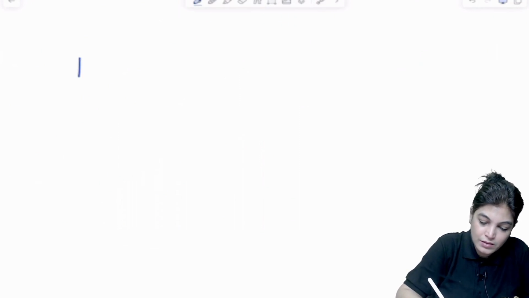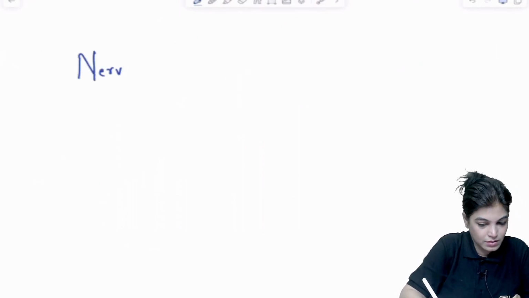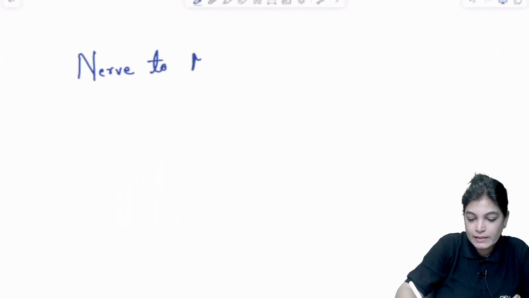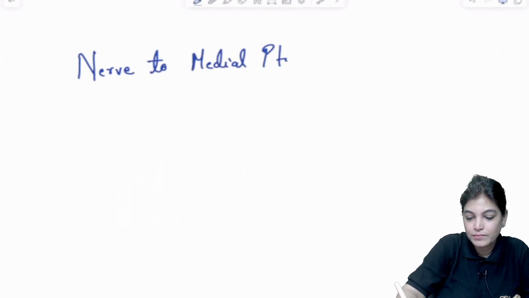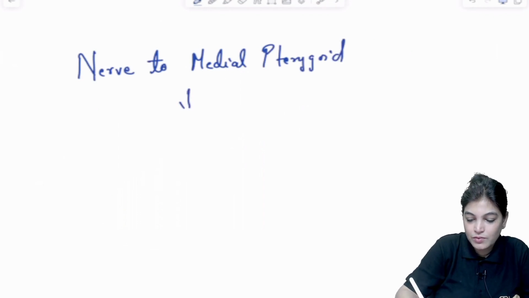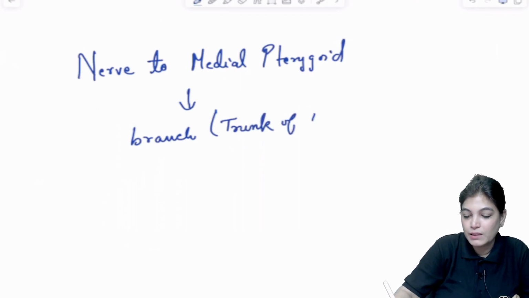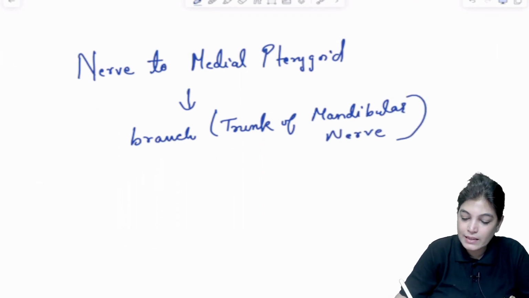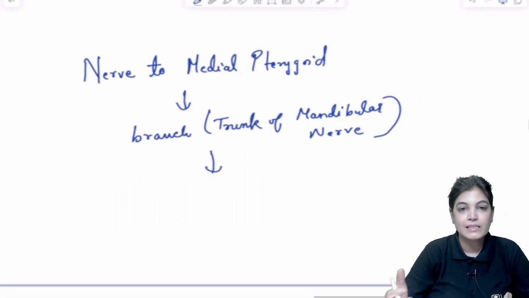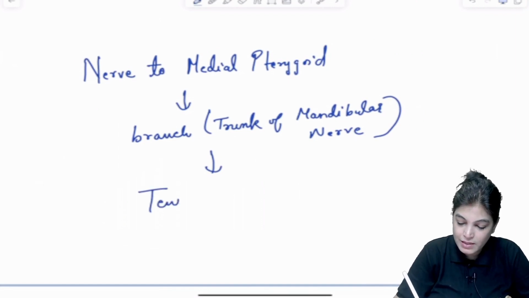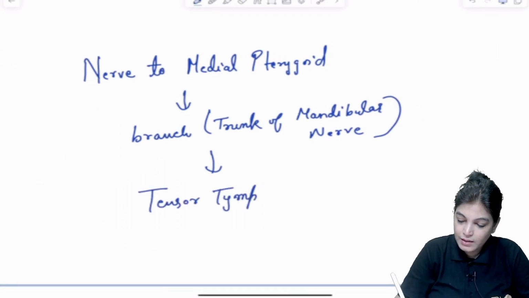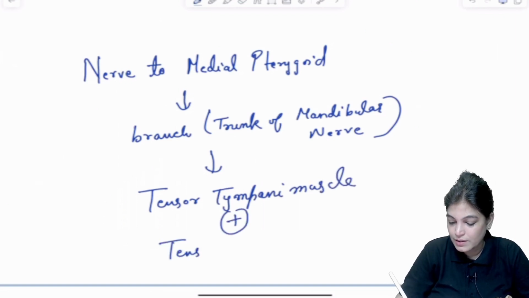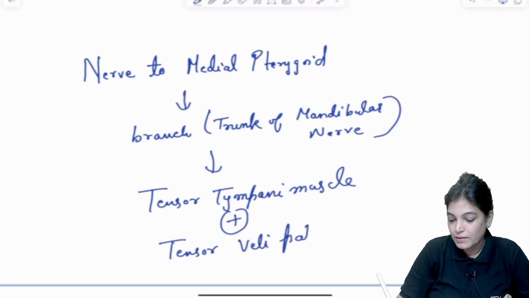So, nerve to medial pterygoid. Nerve to medial pterygoid is a branch from the trunk of mandibular nerve, and it innervates many muscles, medial pterygoid and others, but most important, it innervates tensor tympani muscle, and it also innervates tensor veli palatini muscle.